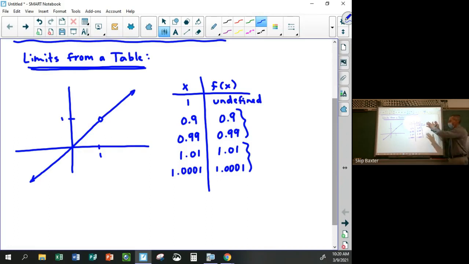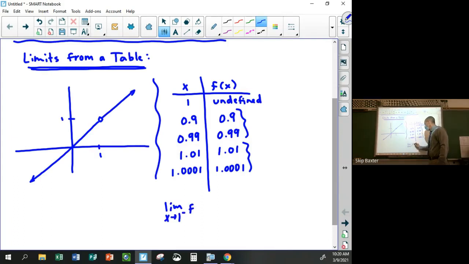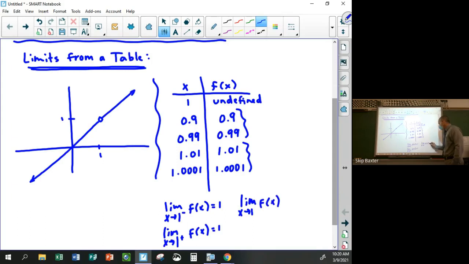So just based on the table, if I didn't know what that graph looked like, I would be able to say that the limit as x goes to 1 from the left of f of x is 1, and the limit as x goes to 1 from the right of f of x is 1, and the limit as x goes to 1 of f of x is 1. Since the left and right limits are both 1, the limit itself has to be 1. Do you agree that that's true?